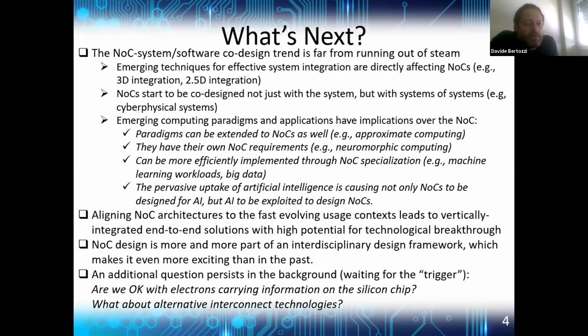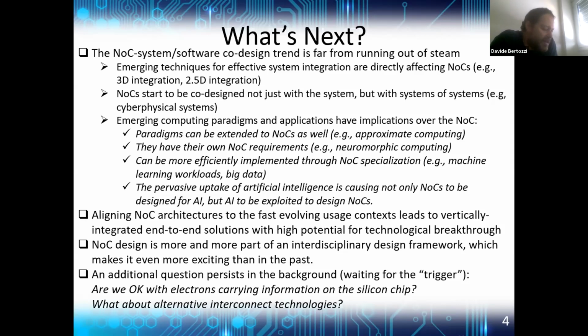At the same time, networks on chip are not co-designed with the system architecture only, but the new frontier is to co-design it even with a system of systems. This may appear to you to be a little bit exaggerated. And in fact, this is a typically overlooked opportunity. But this is exactly the reason why the lecture that we'll have today will be exactly on this.